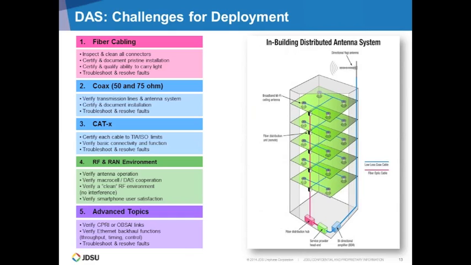But for the challenges for deployment, what's happening is that as the industry evolves and they're looking for better and better technologies to accomplish the engineering feat of distributing RF, you now take on a variety of different facets, whether it be fiber cabling, coax, either 50 or 75 ohm, that can be part of these distributed antenna systems, Cat5 LAN cables that can otherwise be part of a manufacturer's product line and what they use.